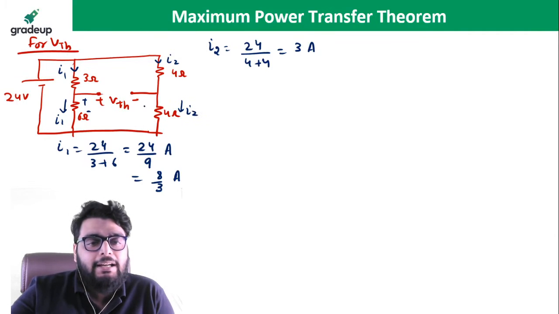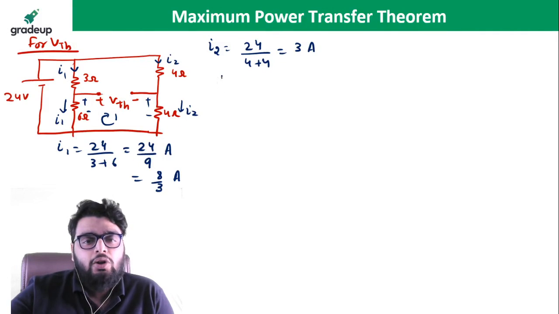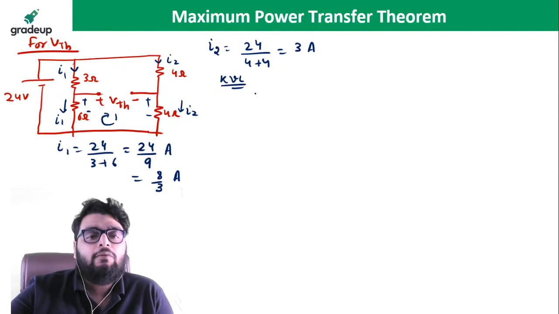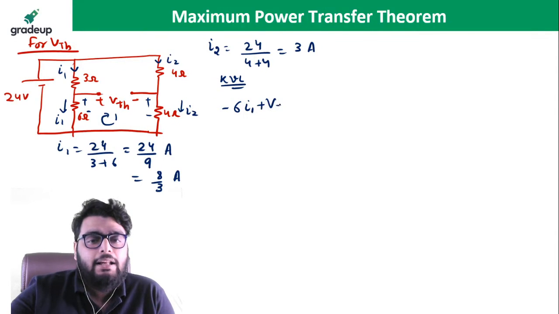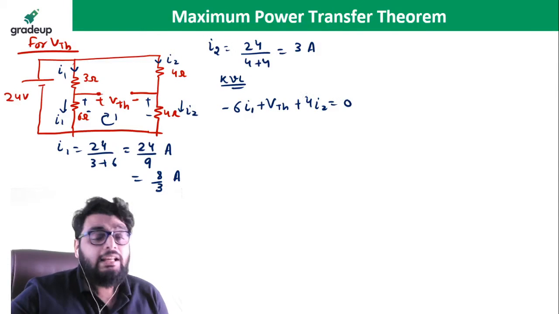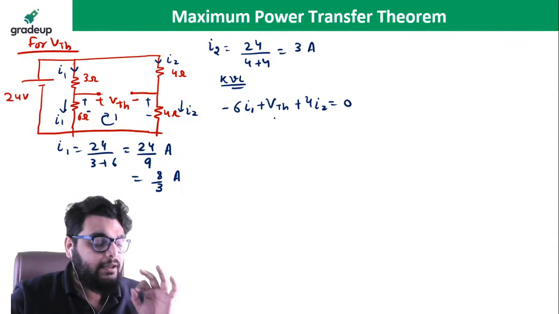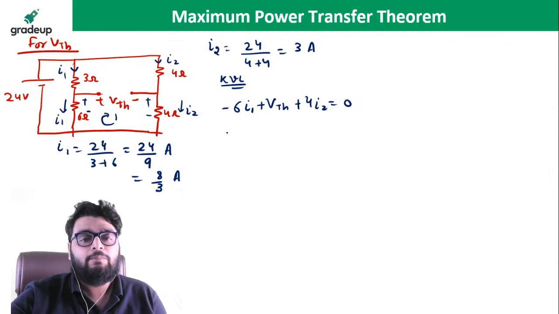Now this I1 will pass through it, this I2 will pass through it, yes or no? It is plus minus. Now I can apply the KVL in this loop. So if you apply the KVL, what you will write? Minus 6 times I1 plus VTH plus 4 times I2 equal to 0. And don't worry, I will come to your each and every doubt. First, I will solve this question.